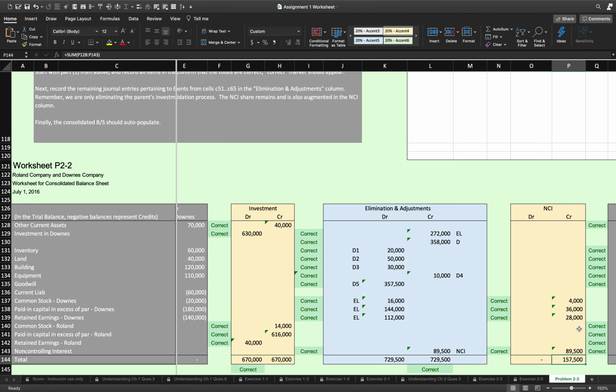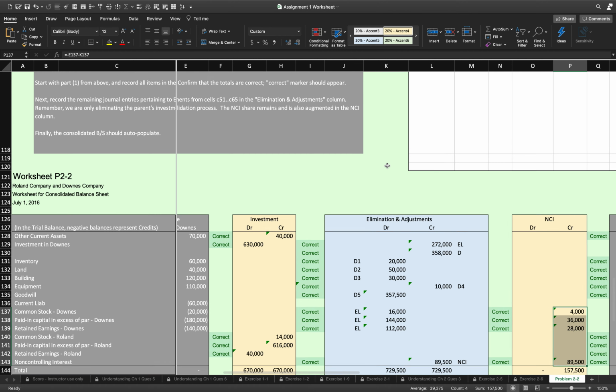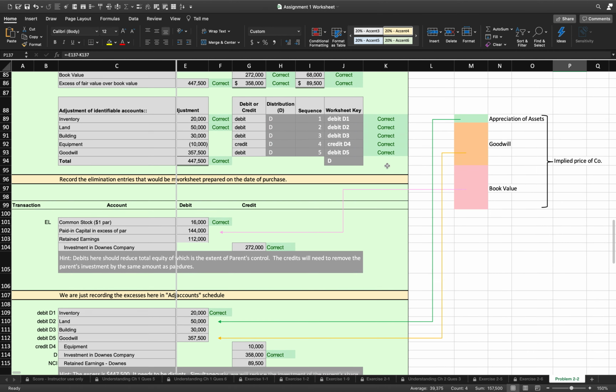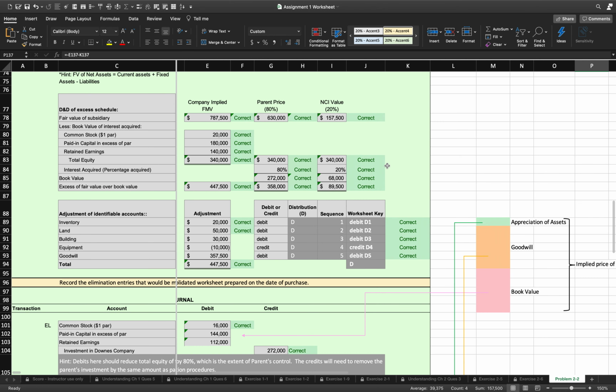And so if we were to absorb everything and say, okay, the NCI's share is what remains in subsidiaries' equity, the 20%, and whatever the appreciation was given to them, for a total of 157,500, does that make sense? Is that the NCI's share? If you go back up here, you'll notice the 157,500 is the fair value of subsidiary.